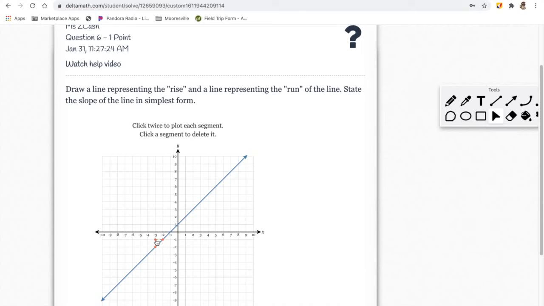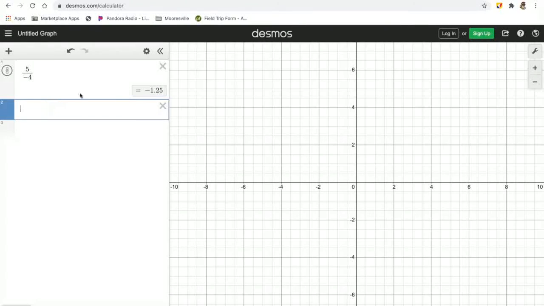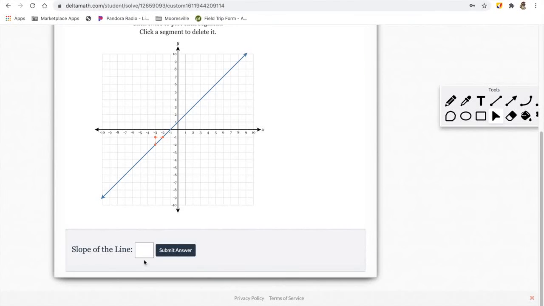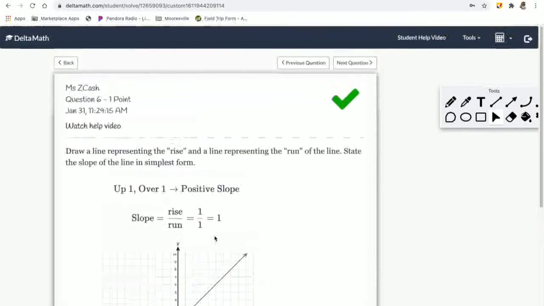So my rise is 1, my run is 1. If I do 1 over 1 in my graphing calculator, hit return, well, that equals 1. So the simplified form for the slope here is 1. So I'm going to write 1, hit submit, yes, and I can go to the next question.